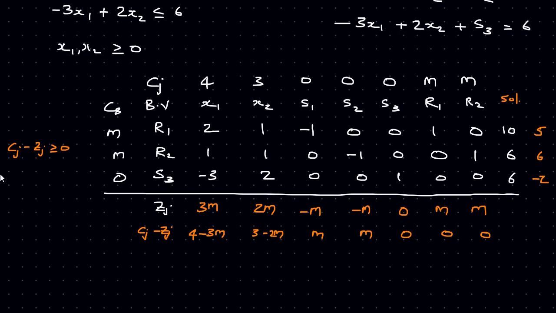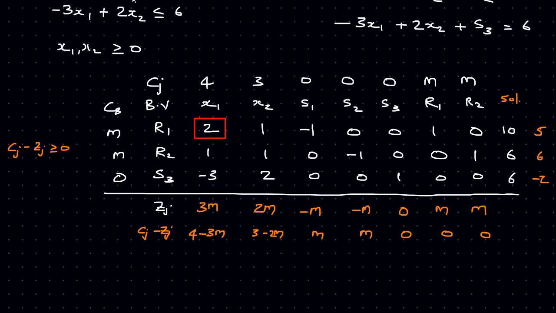Here we take the minimum ratio, but you have to keep in mind, as I mentioned in the previous video also, if we have a negative value we simply ignore it. We do not consider that at all. So here we check only the 5 and 6, and the minimum will be 5. So that means our pivot row is the first one. So this was the pivot column, first is the pivot row, so this will be our pivot element.